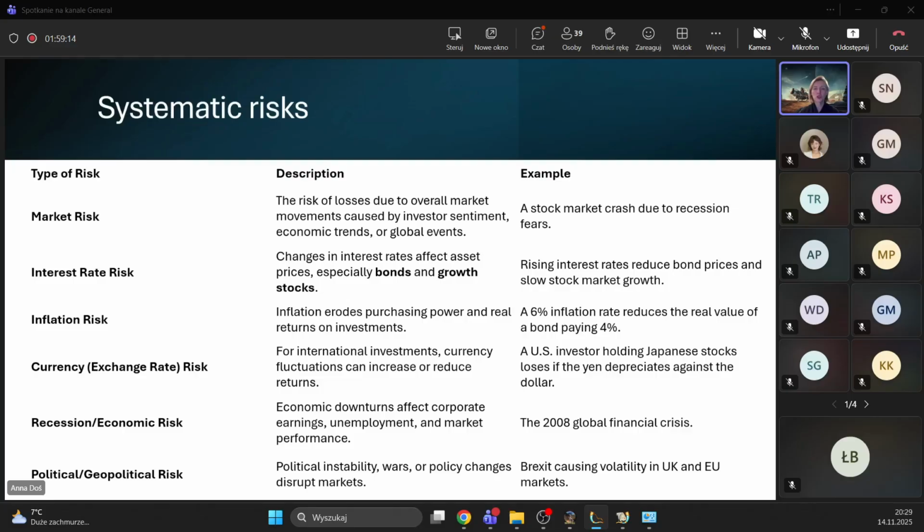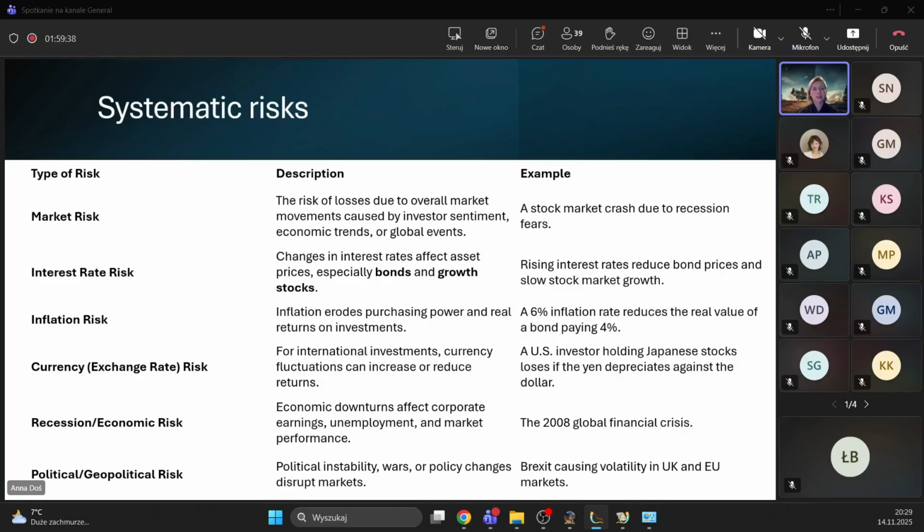The demand shifts and the whole market is in green or the whole market is in red. So if there are news rumors about a recession, about war, or other things, the investor sentiment changes, and this affects all assets in the market.